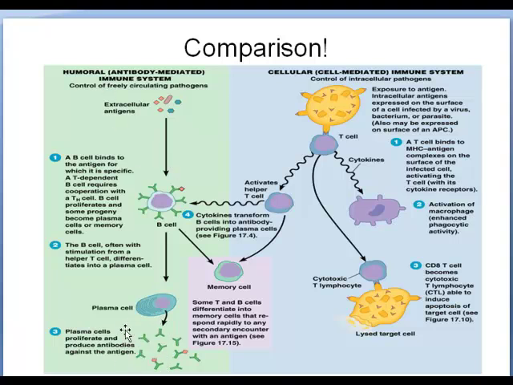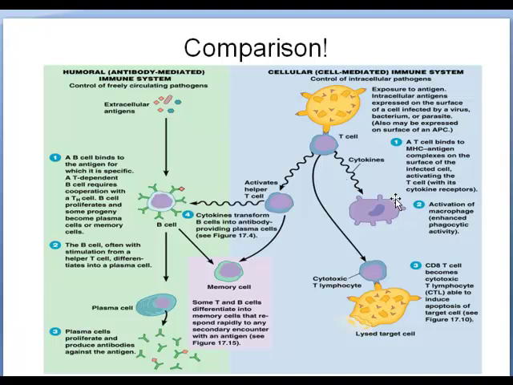So here's the story about how the antibodies are released. On the other hand, if you notice on the right side, you have an exposure to an antigen that is on the surface, and this can be on a virus or a bacterium, and this binds to an APC, and the T cell binds there to form a complex, and now this infected cell is going to activate a helper T cell, because it says, well, I'm the infected cell, come and start killing me.